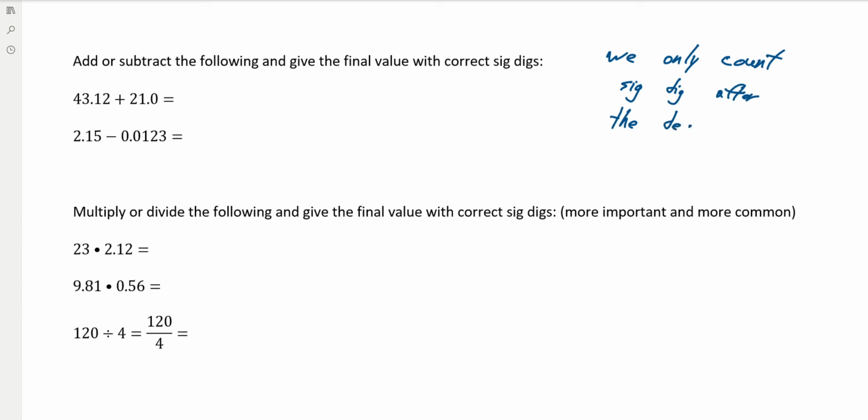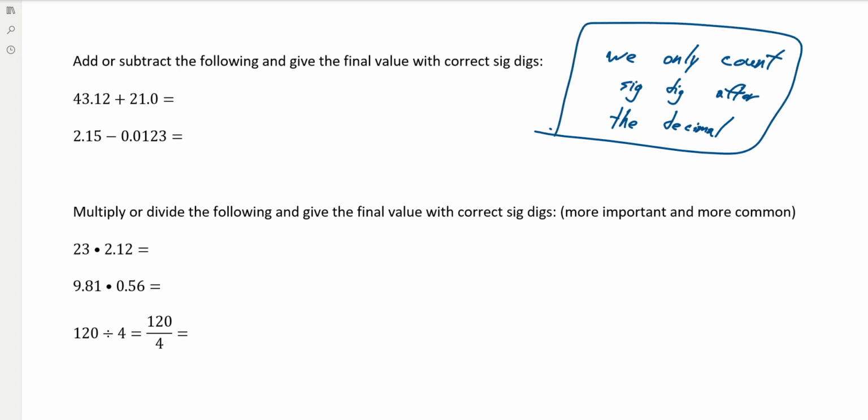This is the adding and subtracting rule. This is not very common, honestly, but we do need to know it for the edge cases. Usually in science, we actually do more multiplying and dividing. So in that case, how many digits are after the decimal place? Here there's 2, and here there's 1.